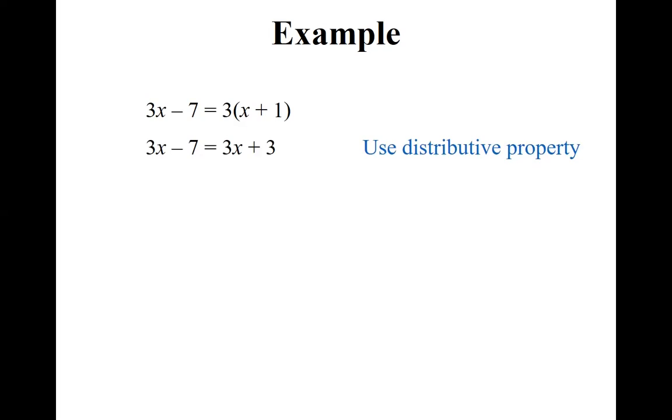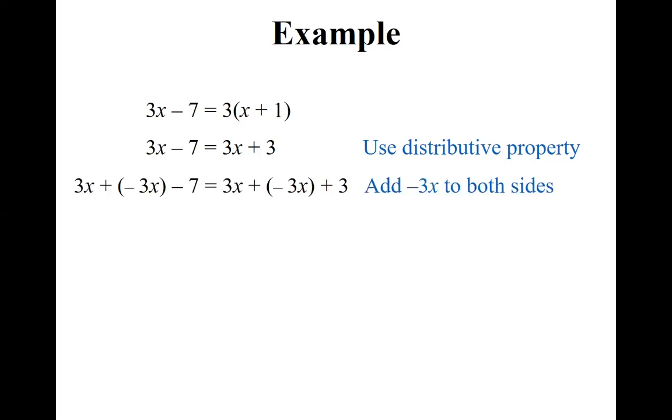3 times x plus 3 times 1 gives us 3x plus 3 on the right. Maybe you recognize it at this point. If not, we continue. What would we do? Well, we want to get our x's on one single side. So let's subtract 3x from both sides.